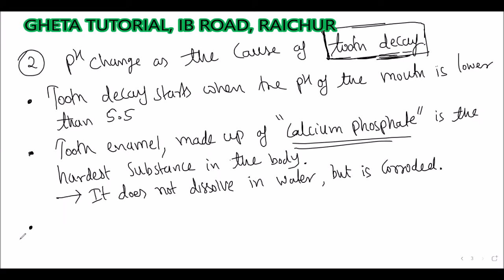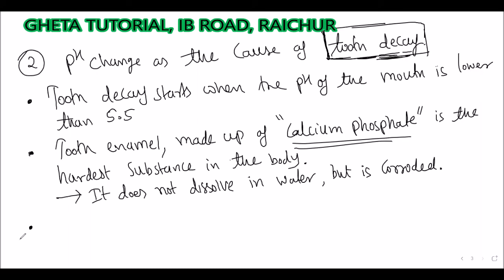So tooth decay will start only if more acid is produced in your mouth, because the bacteria break down the sugar to form lactic acid. This acid will corrode the tooth enamel.